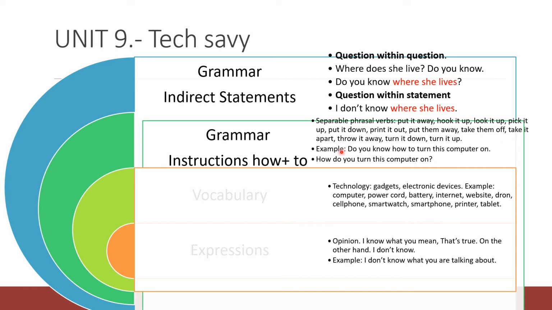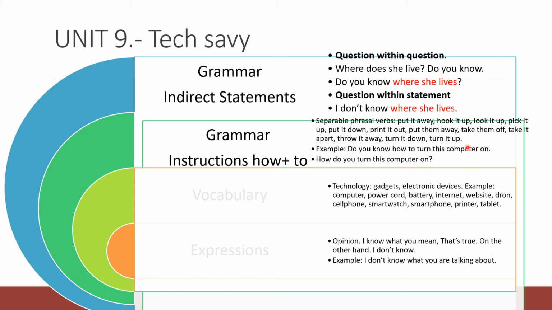Take them off, take it apart, throw it away, turn it down and turn it up. So, take them off, it means sacárselos, take it apart, desarmar, throw it away, tirar, turn it down, bajar, and turn it up, subir.